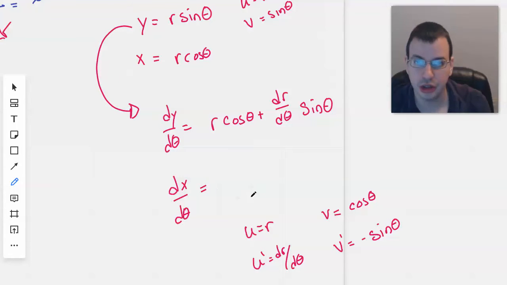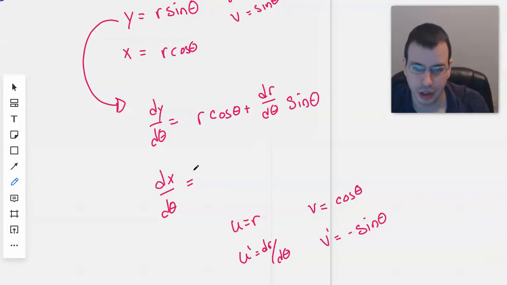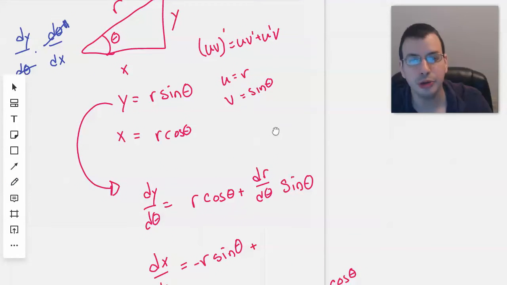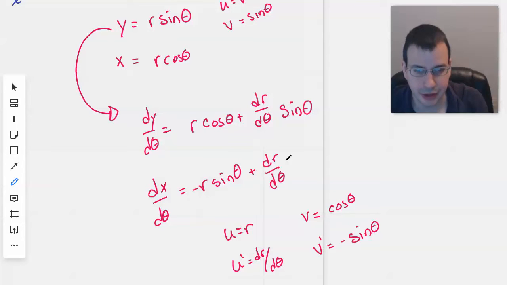So then uv prime would be r times negative sine of theta, plus u prime v, which would be dr/d theta times cosine theta.